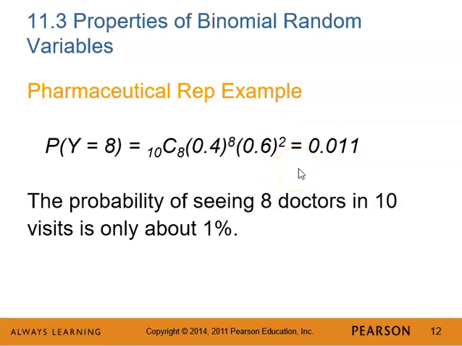And remember that the sum of these two values, the exponent of success and the exponent of failure, has to be n, or 10, right? So that's equal to 0.011, and what does that tell us? This probability is about 1%. So 1/100th, or 1%.